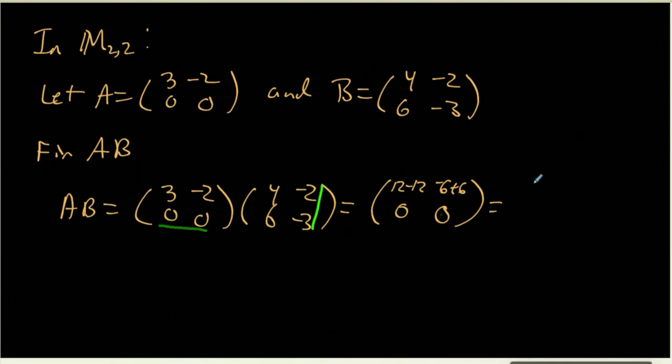Now when we simplify the arithmetic, we wind up seeing that we've got a pair of zero divisors, because neither of these matrices is equal to the zero matrix. In other words, we can say that A and B are zero divisors.